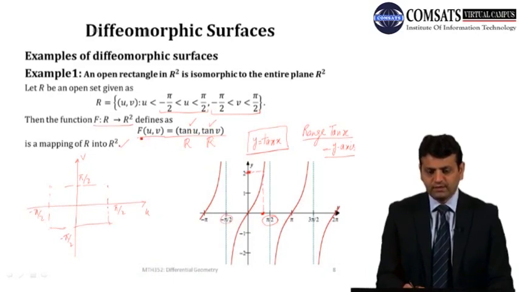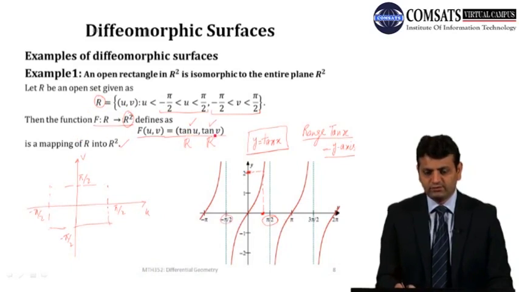So this f of uv is basically an onto map. Onto map means each and every point of R2 will be an image of some element of this set R. क्योंकि this is true for tan u, this is true for tan v, so this is true for this ordered pair.